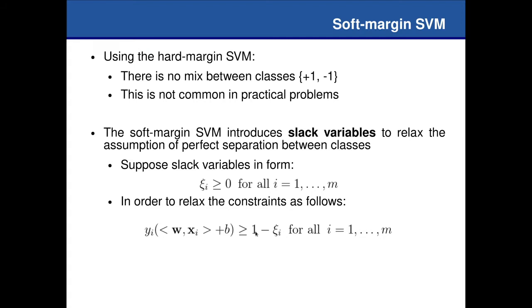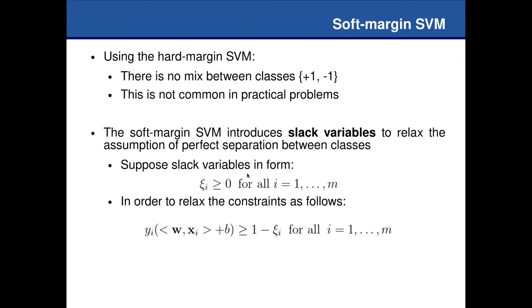What is interesting is that this psi i greater than or equal to 0 will be a new slack variable, or actually a set of slack variables, one for each example in our training sample.